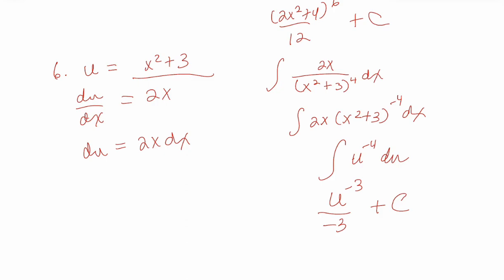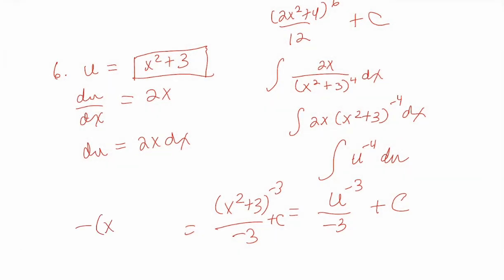If there is a fraction already there, just multiply your denominator by that new power. And now we got to stick our u's back in. Now remember, our u is equal to x squared plus 3. So that would be x squared plus 3 to the -3 over -3 plus c. Now customarily, you should put the negative out in the front. It shouldn't be in your final answer in the bottom.